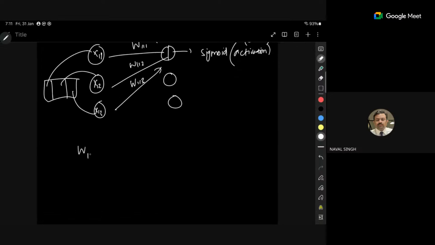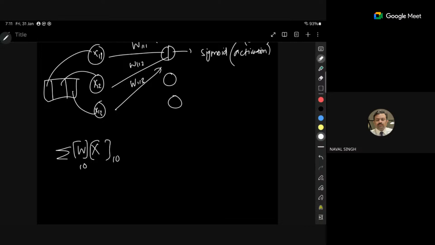What you have is the summation of w and x. Let's say the input is of size 10, so 10 weights are required to multiply it.